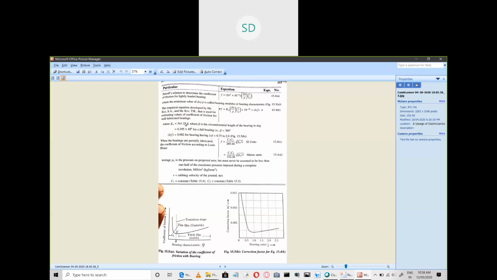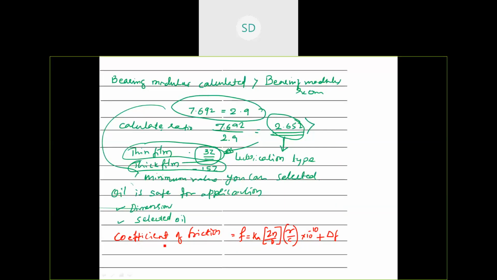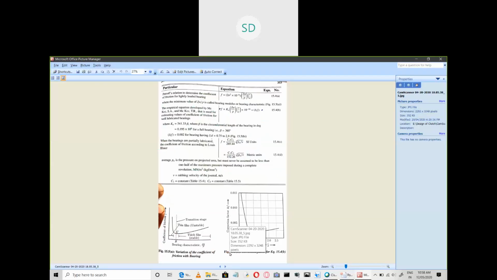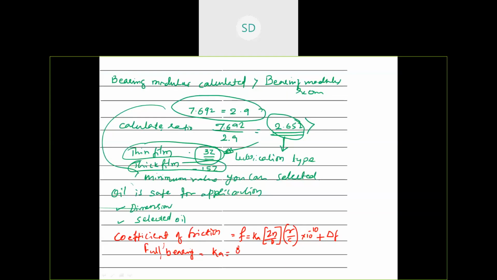If you want to get the value of K for a circumferential length of the bearing in degrees, suppose 80, 90 or 100 degrees, you just multiply beta with this constant, which gives 541.33. Now I will go for it as a full bearing, with K equal to 0.195 into 10 to the power of 6.